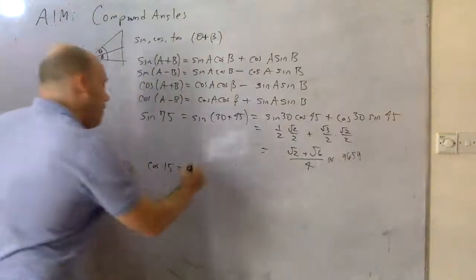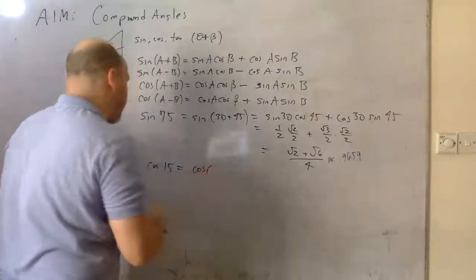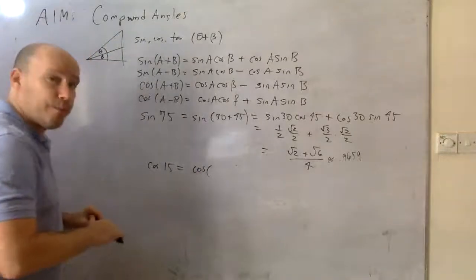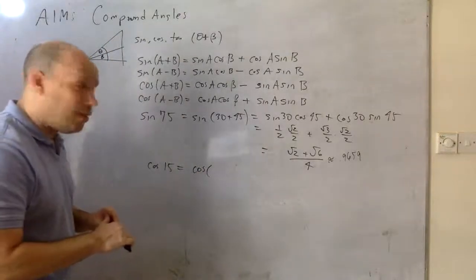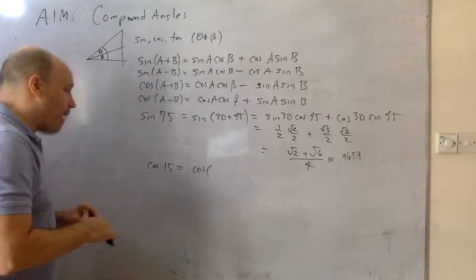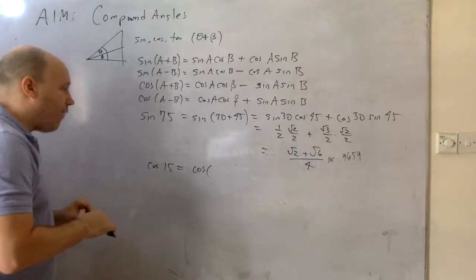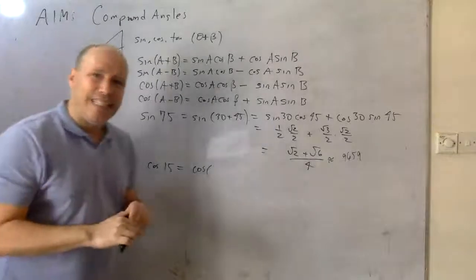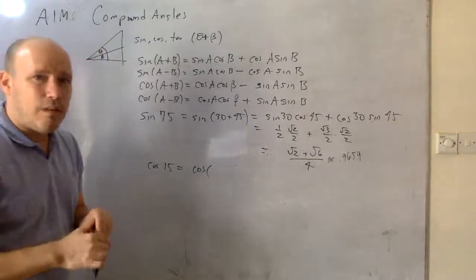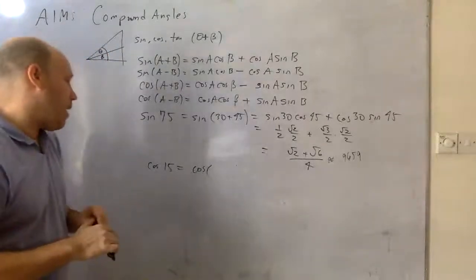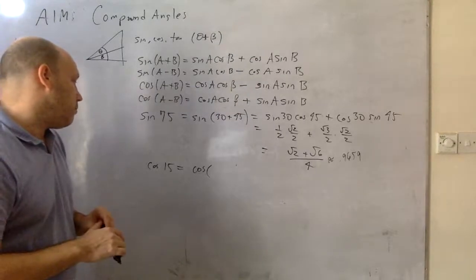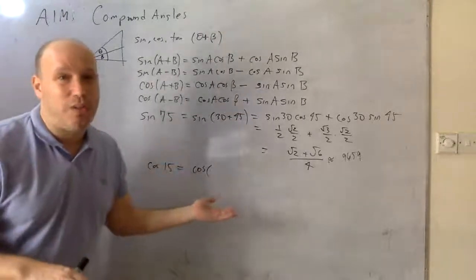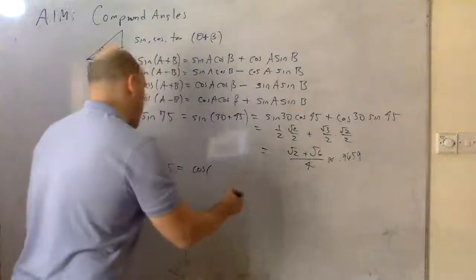The cosine of 15, you have a couple of options, right? I guess 45 and 30. Anything else? Can you do like 90 and 7? No. 135 and 120, you can do that. Let's just check it out.